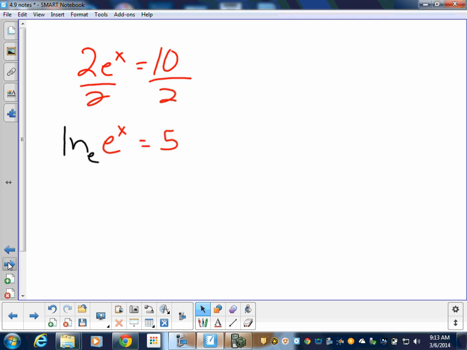So what would this leave me with? On this side, it would leave me with x. That's if this number was squared up here too. So that would leave me with x on this side. Well, if I did it to this side, what do I have to do? Do the other side. Natural log of 5.